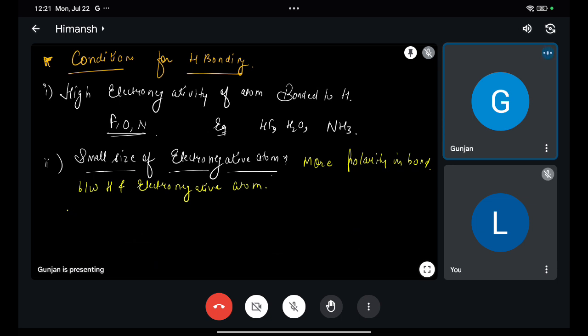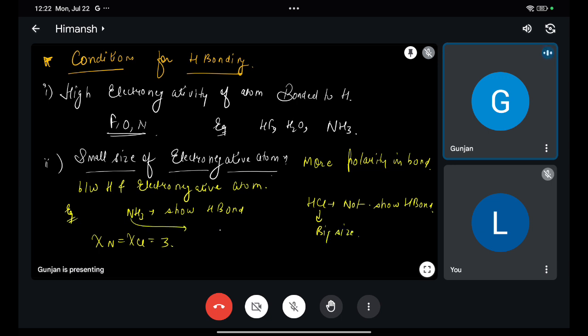For example, NH3 shows hydrogen bonding, but HCl does not, although electronegativity is the same. Why? Chlorine has a big size and nitrogen has a small size.